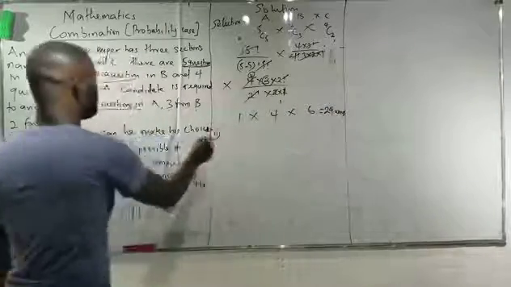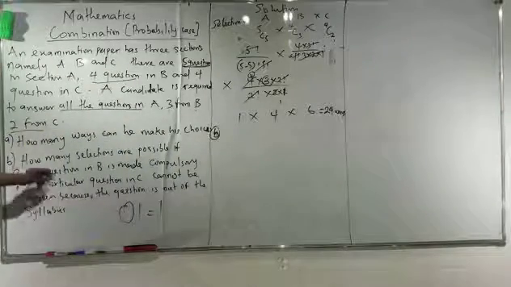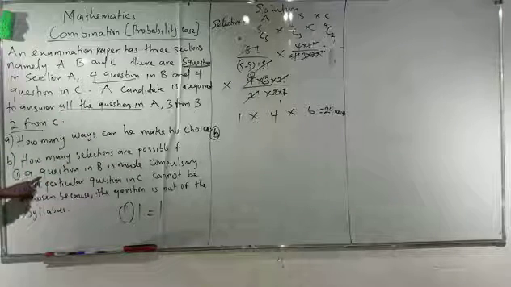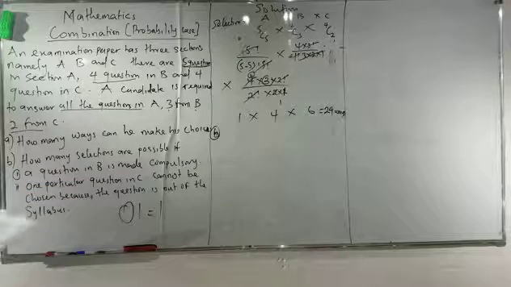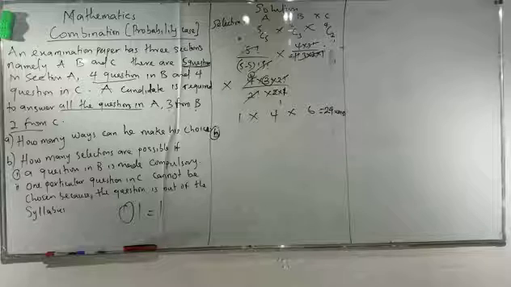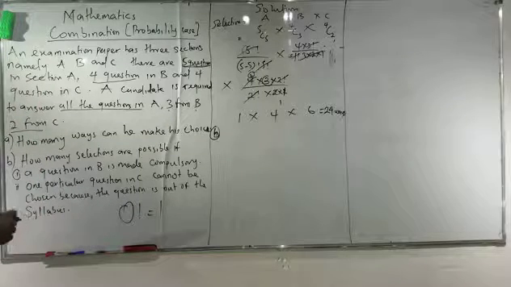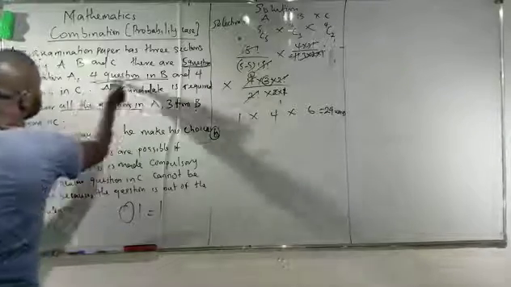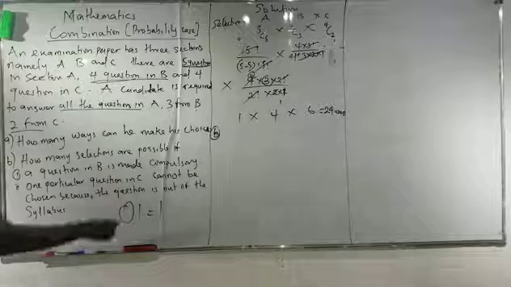Number 2, B rather, that is A. In B, how many selections can be possible if a question in B is made compulsory? A question in B is made compulsory. Now, what you just need to do now is that a question in B is made compulsory. This is B, and the number of B is equals to this.